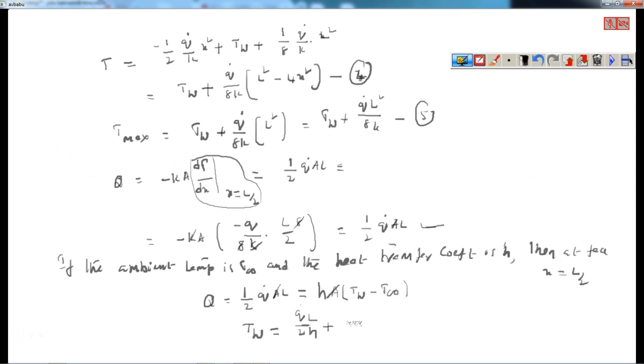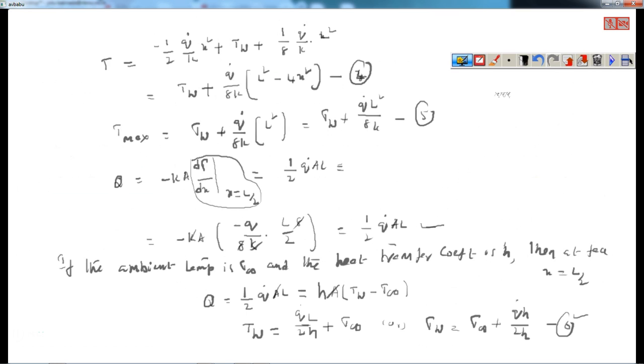So I write T_W is equal to T infinity plus q dot L by 2H. This is equation number 6. Now if you substitute this equation 6 in equation number 4, equation number 4 is this one, right?